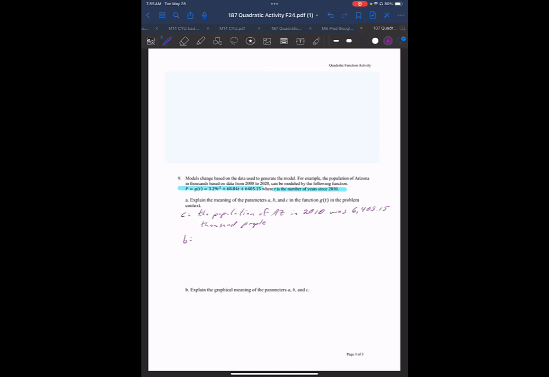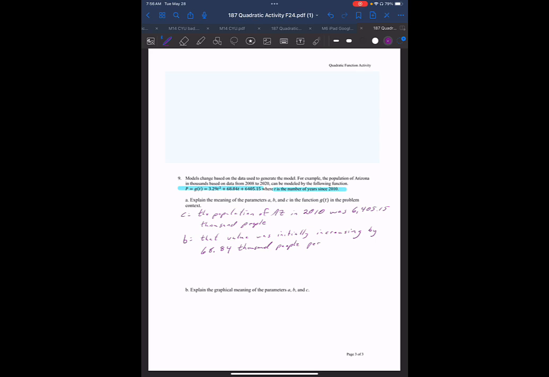So I would say then that this number, this population value, was initially, right at the moment that that value was recorded, increasing by 68.84 thousand people per year.